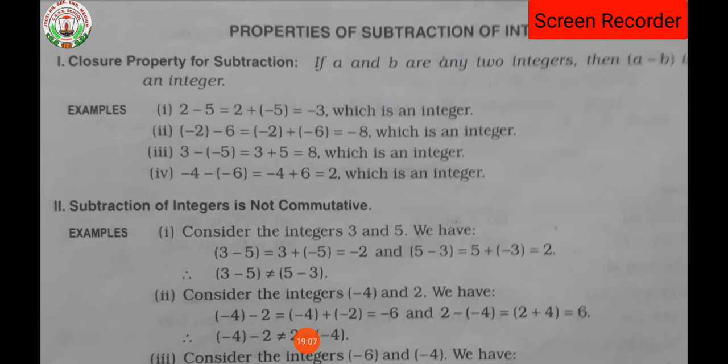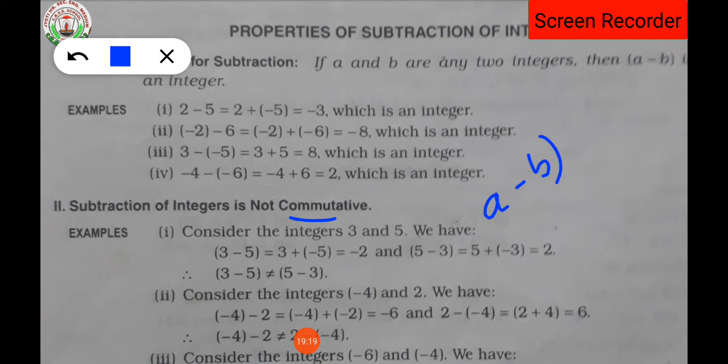Okay, but while seeing the commutative property: for the commutative property of addition, what we see is a plus b is equal to b plus a. But in this, since it is subtraction, a minus b will not be equal to b minus a. Why is it not equal? Because suppose we take the value of a as 3 and b as 5.